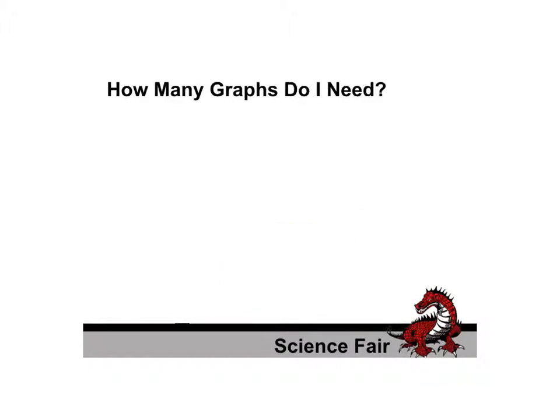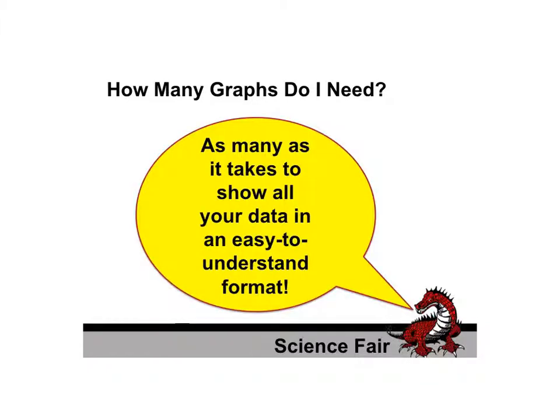And then there's the other question of how many of all of these do you actually need? Well, the answer is as many as it takes. You want to show all of your data. That's an important thing. If you are tempted just to make a graph where you show everything all at once, but you're showing your average and only your average, then you're not really giving the whole story.